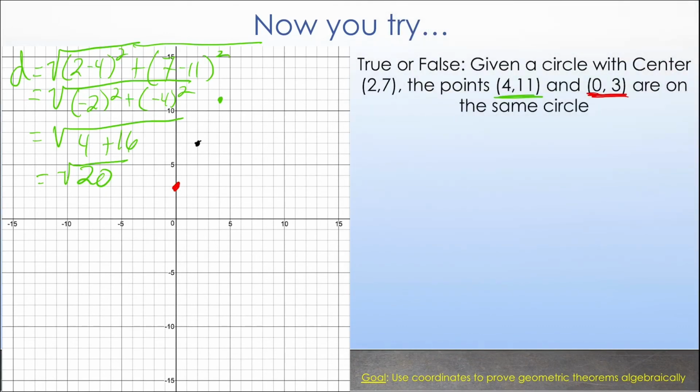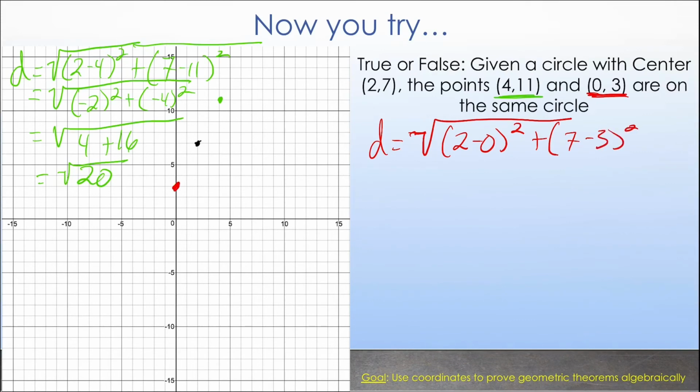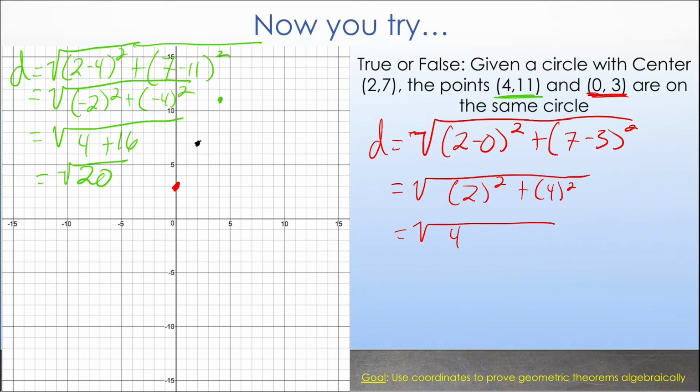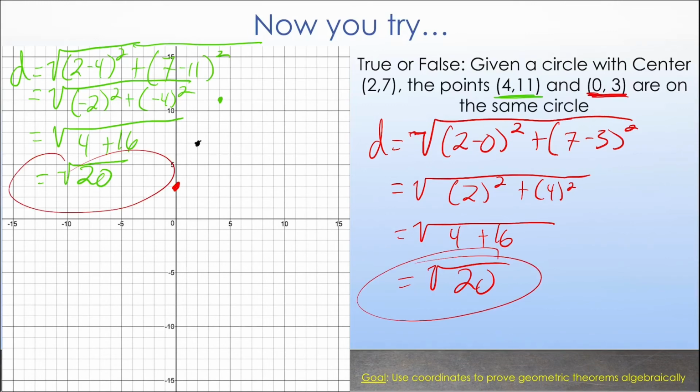Then we'll do the red over here on the right hand side. My red distance is the square root of 2 minus 0 squared plus 7 minus 3 squared. So I'm just taking my points and plugging them into my distance equation. It's equal to the square root of 2 squared plus 4 squared. Square root of 4 plus 16, which equals the square root of 20. These are the same, so they are on the same circle.